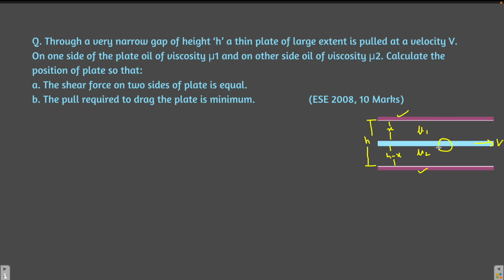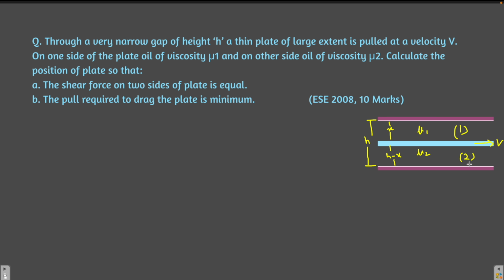And these two plates are fixed, and this is the moving plate. Okay, now according to the question, the shear force on the two sides of the plate must be equal, right? So let this be part 1 and let this be part 2.